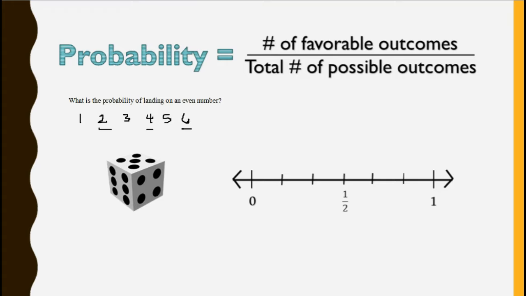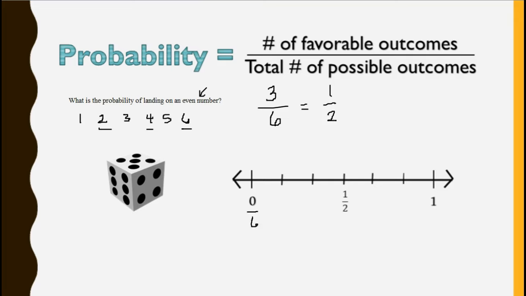So the number of favorable outcomes is 3, because it could be a 2, a 4, or a 6 and still be this favorable outcome of being an even number. So I would have 3 for the favorable outcome, and the total number of possible outcomes is the same. There's still only 6 numbers on the dice. So 3 out of 6, or if you simplified that, that would be 1/2.